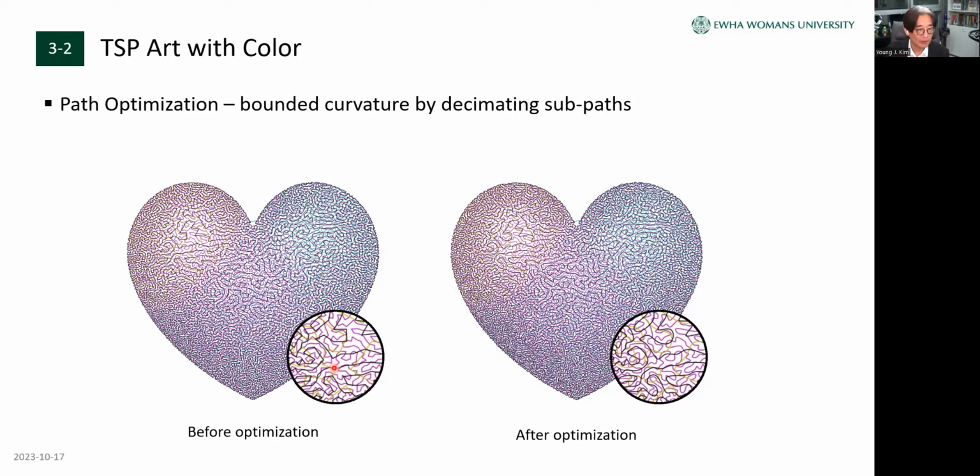So we need some kind of path optimization. More specifically, we need bounded curvature path approximations. In our case, we use simple path decimation: where the path has really high curvature, we just cut it to make it smoother. The left image is before optimization, and the right image is after path smoothing.